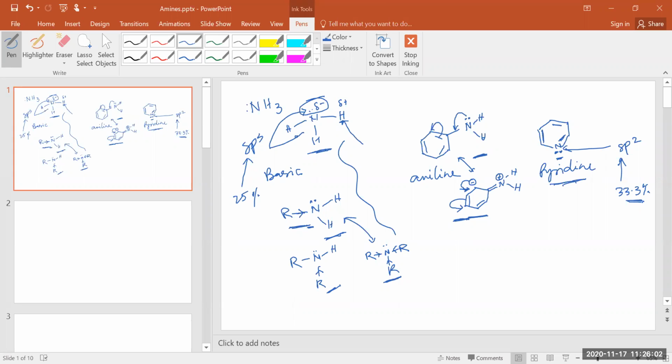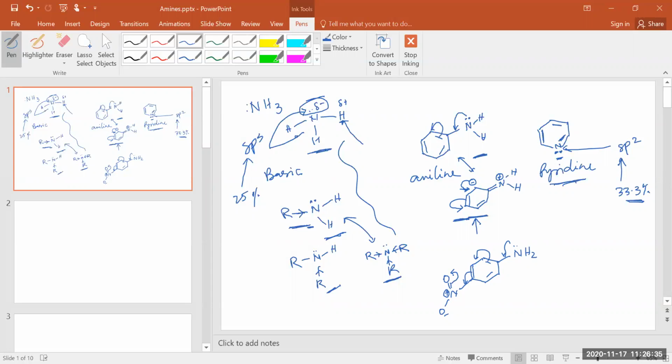So these three different types of situations you should remember. In anilines also remember, if there is an electron withdrawing group at the ortho and para positions, particularly like nitro, it will pull the electron pair, so that will make the resonance very effective even with the nitro outside.